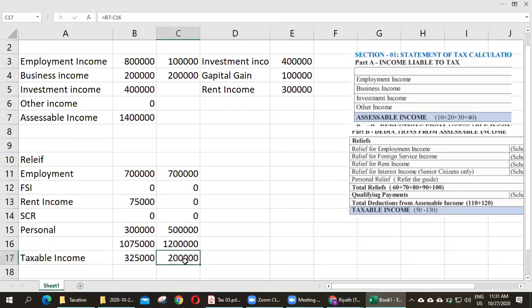So which is better, A or B? Both are correct. 325,000 and 200,000 are both correct. But as a taxpayer, he always tries to maximize the benefits given by the government. Therefore, he utilized it in this way. Both answers are correct. Any questions?